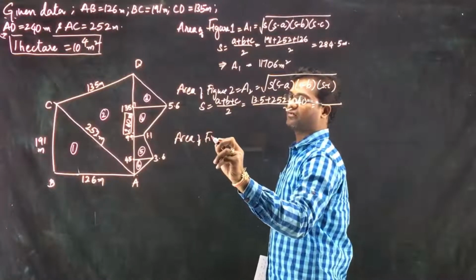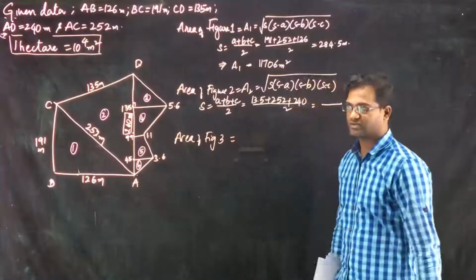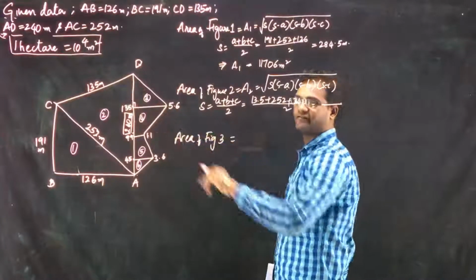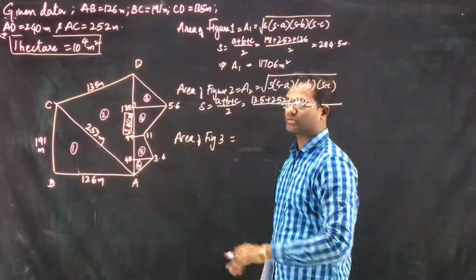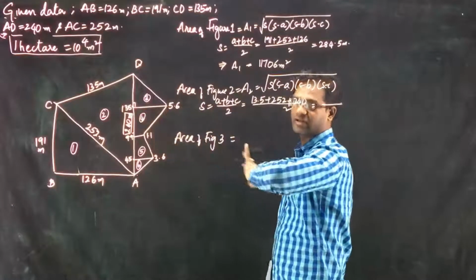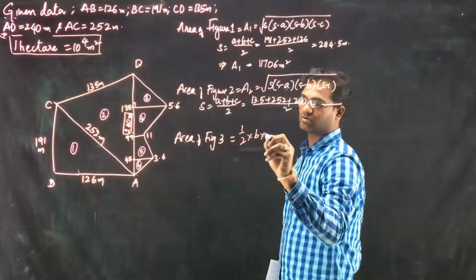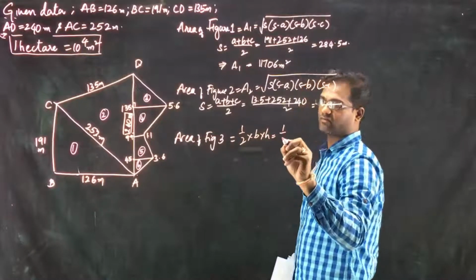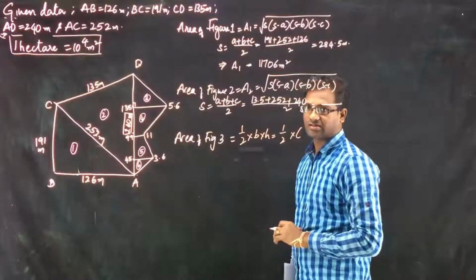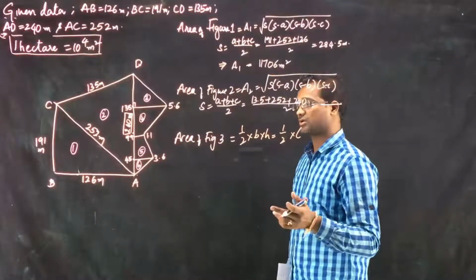Now similarly, area of figure 3. If we closely observe figure 3, you can use the half base into height equation, because we know the length of this and we know the height of this triangle. So half into base into height. How much is the base? If you can take this as the base, that's not an issue.